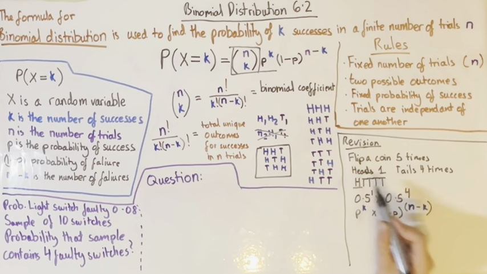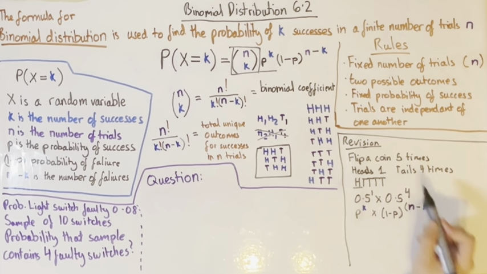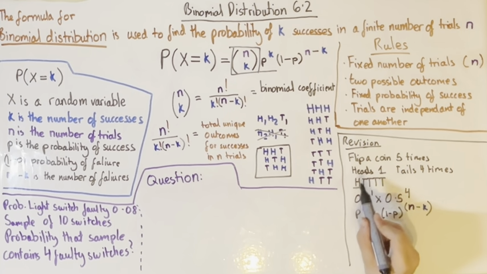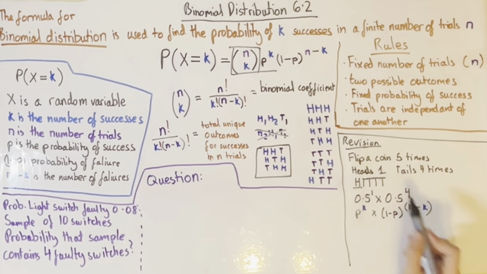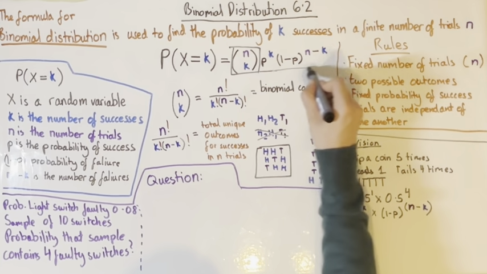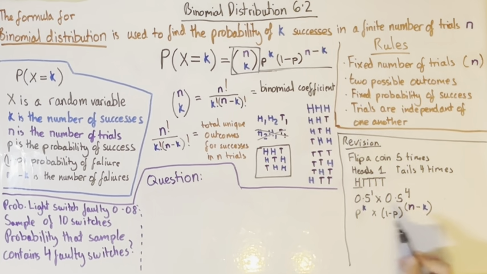So that would be 5, because we flip the coin 5 times, minus our number of successes, 1, which is 4. That's, in essence, what this part actually means.